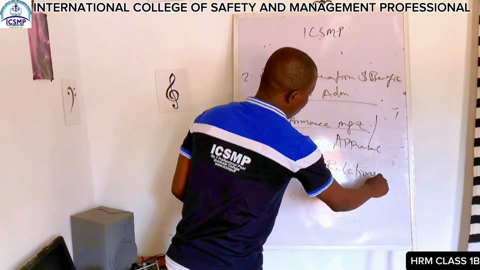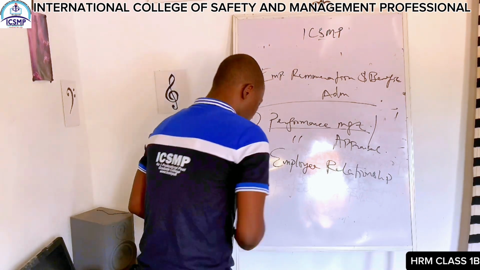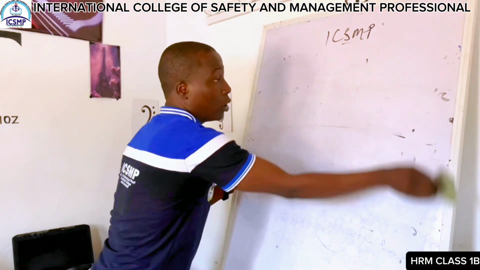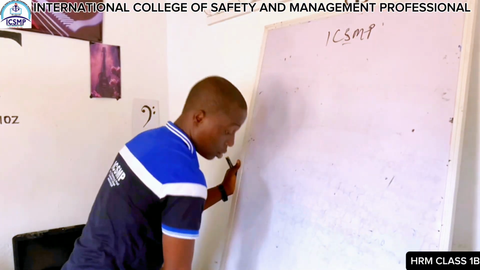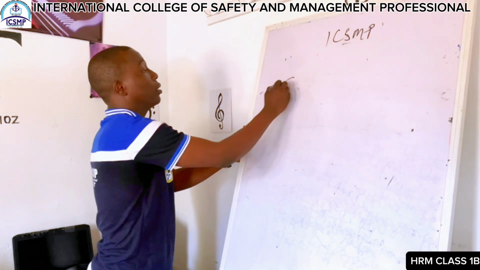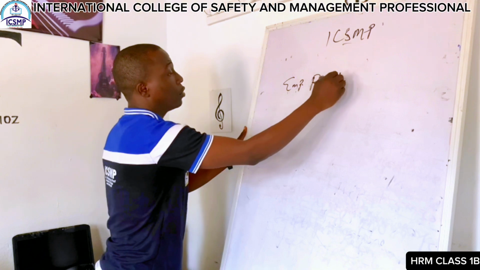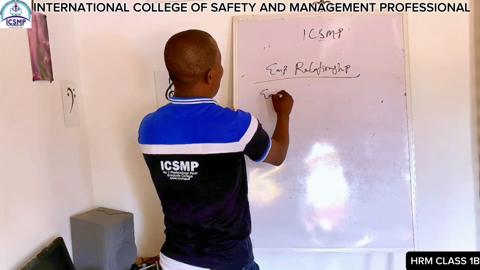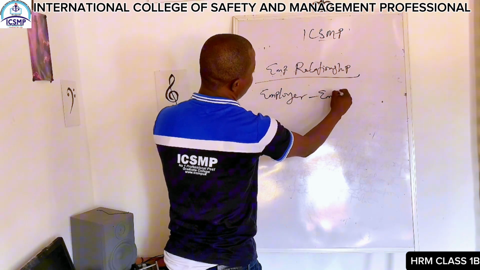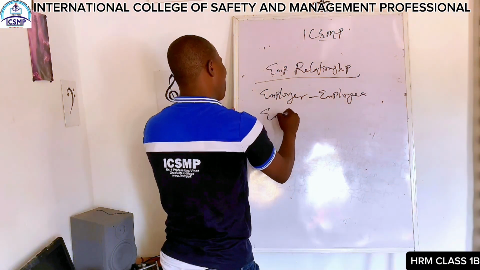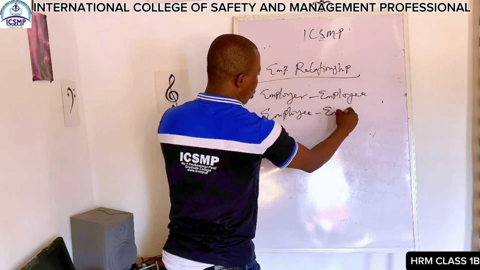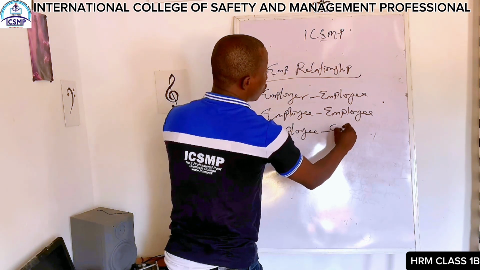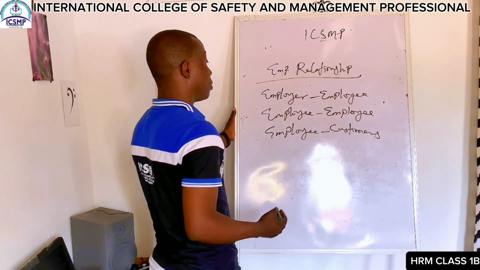And the last but not the least we'll be talking about for now is employee relationship. Under this employee relationship, we group it as employer-employee relationship, employee-employee relationship, and employee-customers relationship.